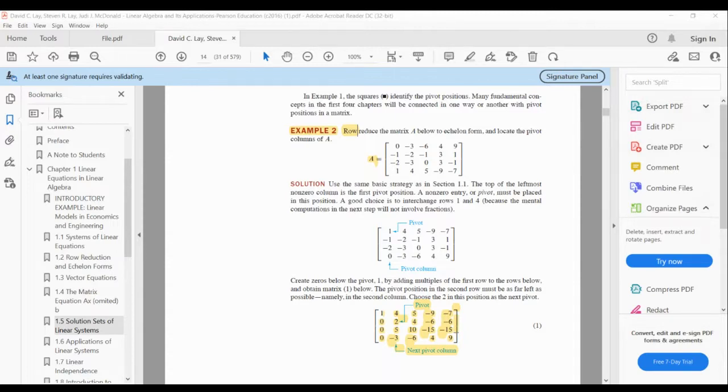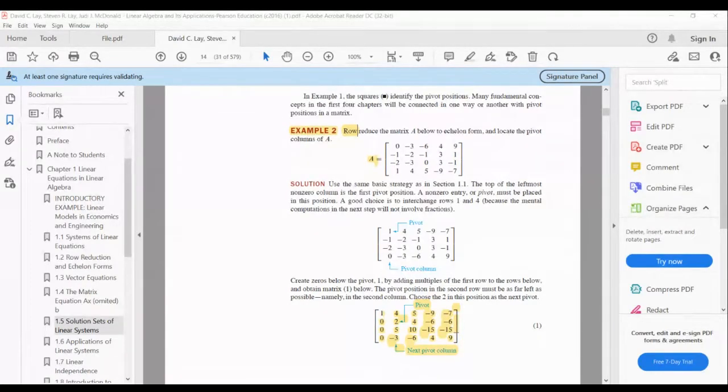Now we move over to the second column, and we'll use the 2 as a pivot for the second column. You see there you have a 5. If we look at the third row with the 0, 5, 10, -15, -15, we want that 5 to be a 0. So what number times 2 equals 5?